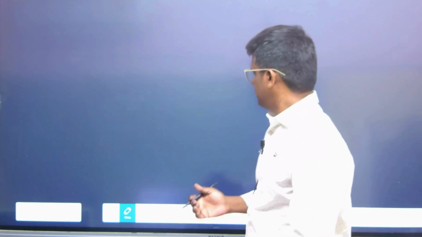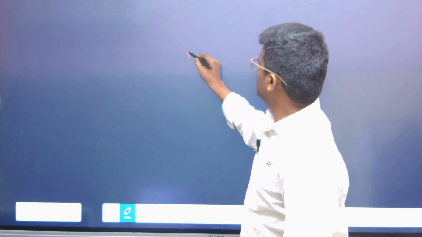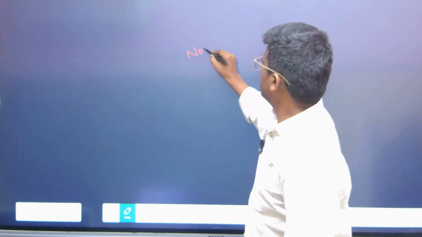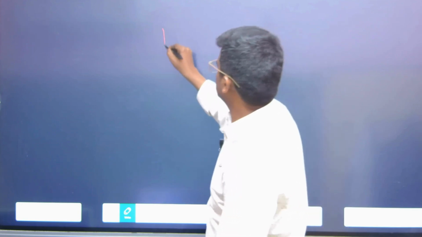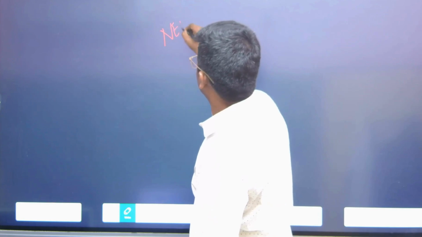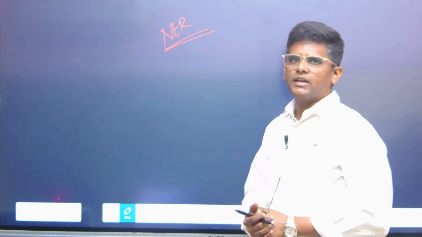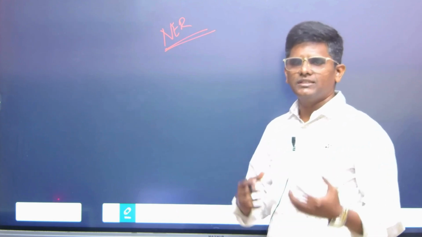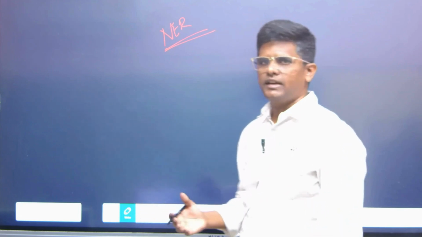Today we will discuss exchange rates. First, we have what we call the nominal exchange rate, NER. What nominal exchange rate means is how our currency is doing vis-a-vis another currency, let's say the dollar.